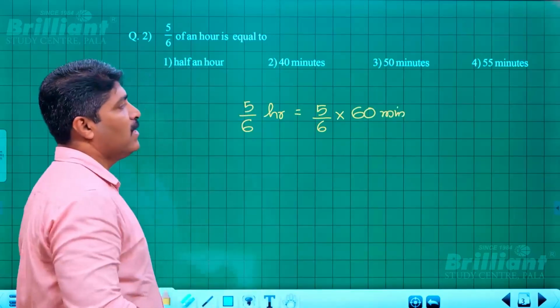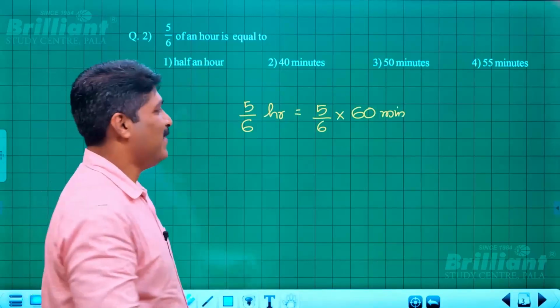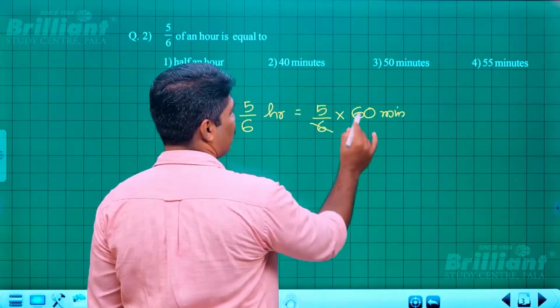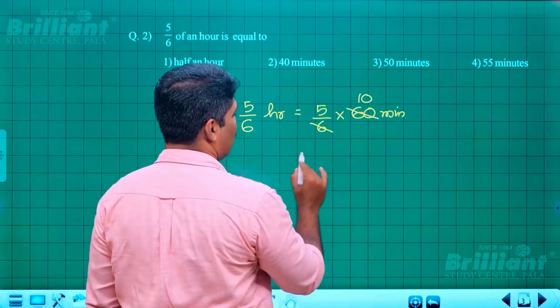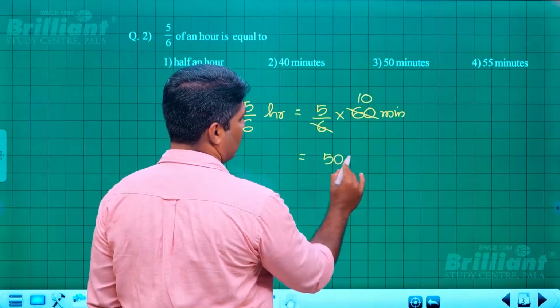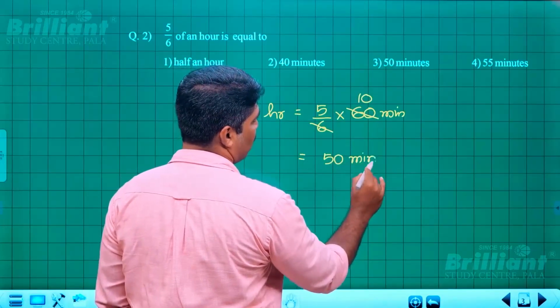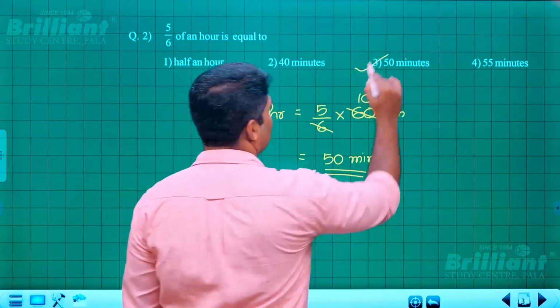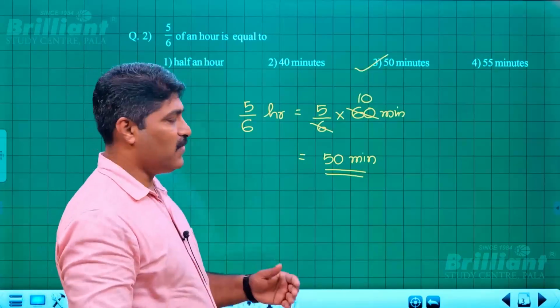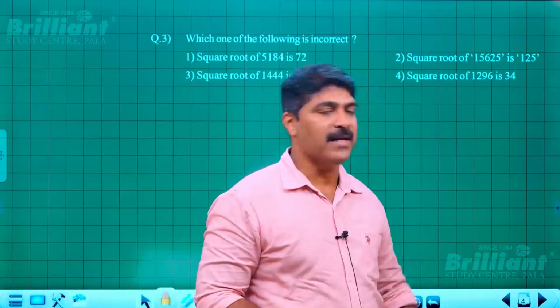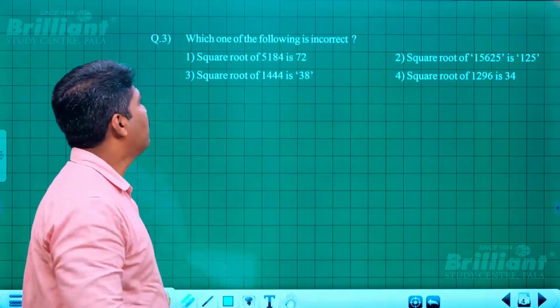So this is simply 5 by 6 into 60 minutes. Here we can simplify this one. This is 10 times, right? After simplifying, we get 50 minutes. So the answer is option 3. That's an easy one. Here we are using the conversion, 1 hour equals 60 minutes.